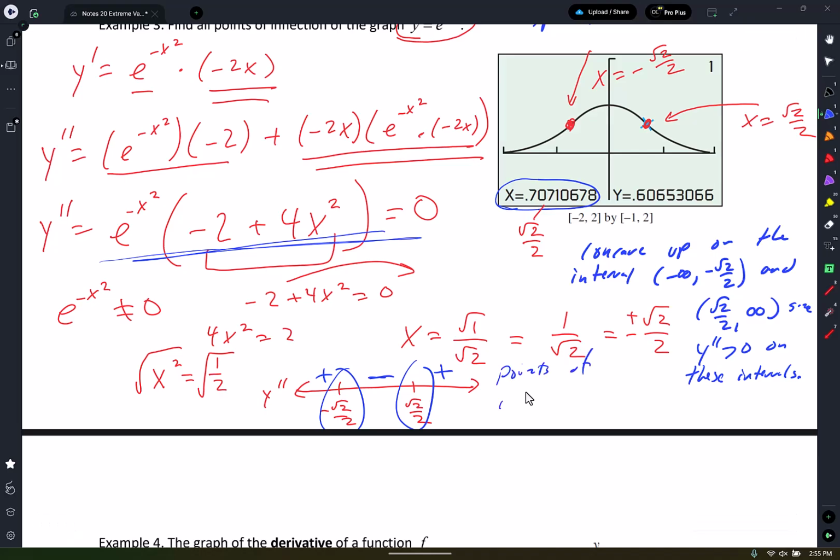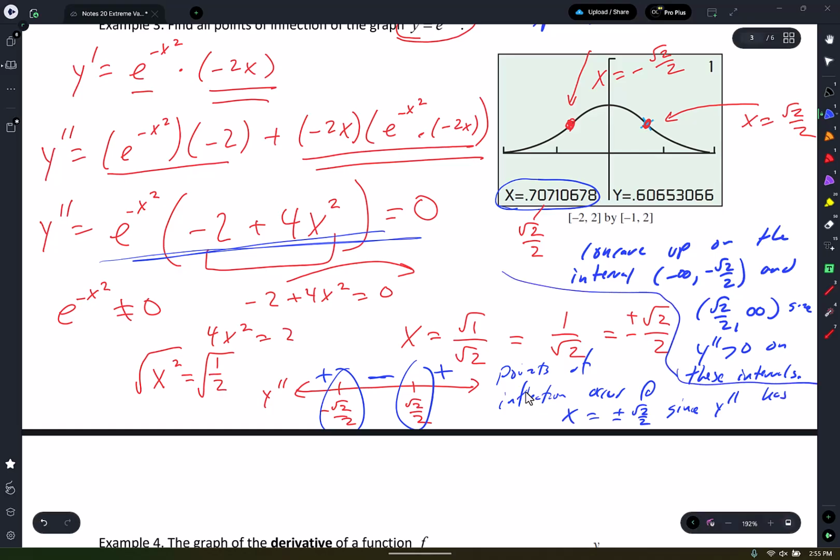Points of inflection occur at x equals plus or minus square root of 2 over 2, since y prime prime has sign changes on these specific x values.